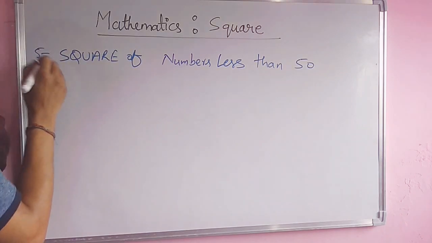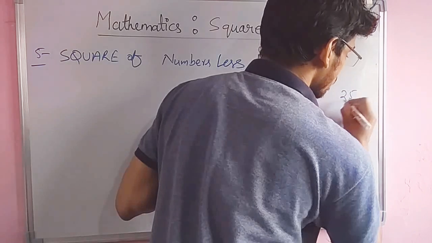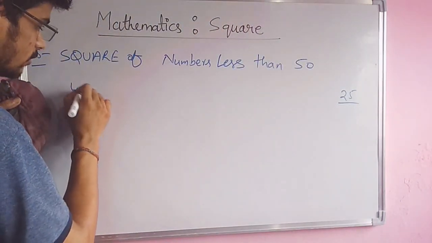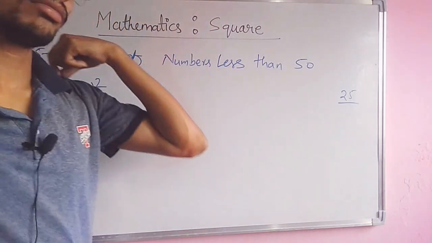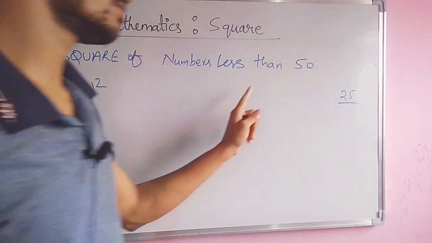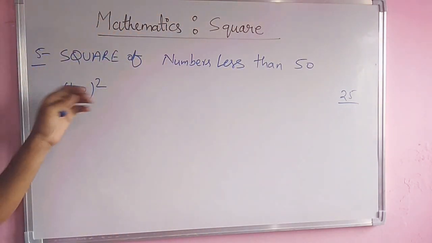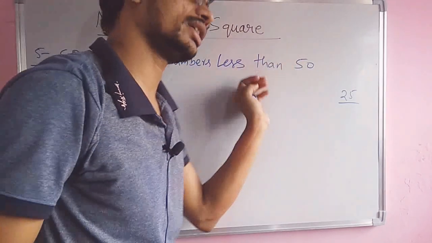It is the fifth category. Here the golden number is the same, 25. If we want to calculate the square of 48, how do we calculate it? It is below 100, but we specify it in the category of square of numbers less than 50.